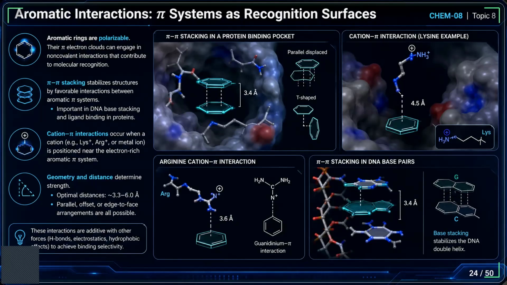And cation-pi interactions occur when a cation from lysine or any other amino acid or a metal ion is positioned near an electron-rich aromatic pi system. And this will change geometry dramatically because a lot of these small random interactions are going to sum up, just like you said with hydrogen bonds.